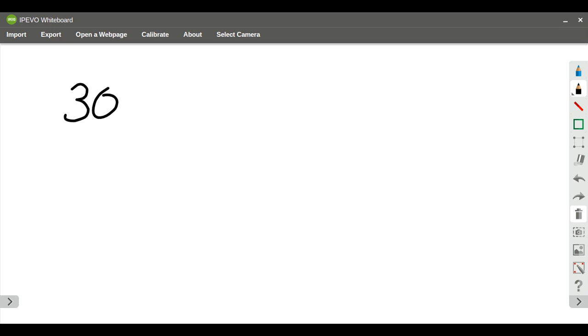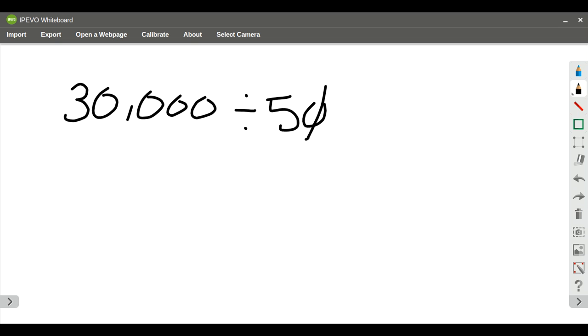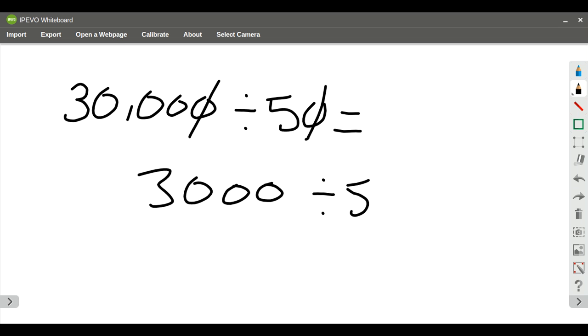We have 30,000, and I'm going to divide that by 50. And so again, I'm going to take the 0 off of the 50, and if I take 1 0 off the 50, I have to take 1 0 off of the 30,000. Now, here's where it gets tricky, because I have to take a look. If I take all zeros away, I'm left with 3 zeros, and I'm going to put them over here, 1, 2, 3.